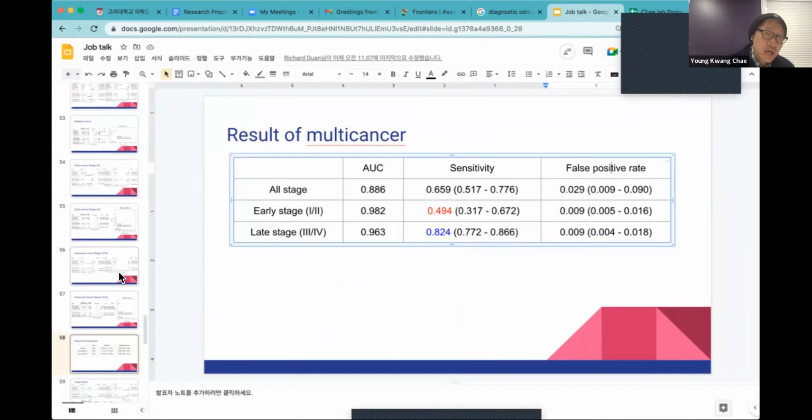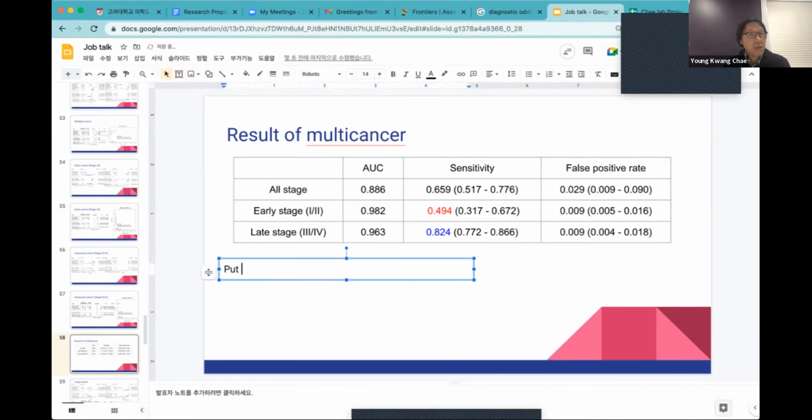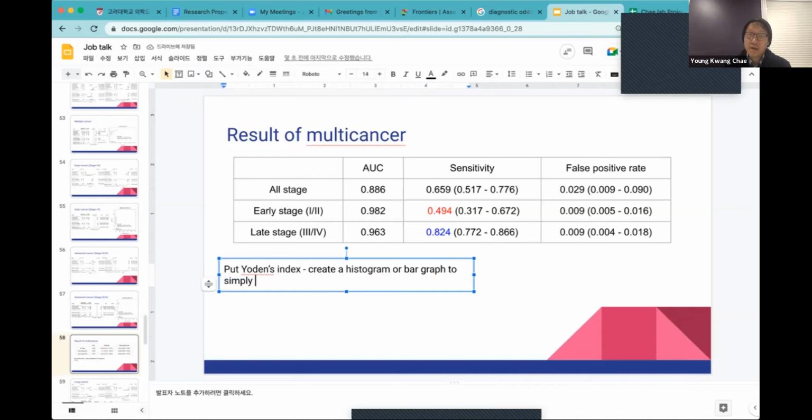So Youden's is not affected. So you can do Youden's index, but this is not for data pooling. You don't have to pool Youden's index. You can just create a histogram or bar graph that ranks them from highest to lowest, and you can do that for sensitivity and specificity. Just line these tests up.